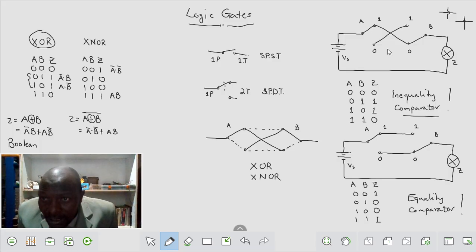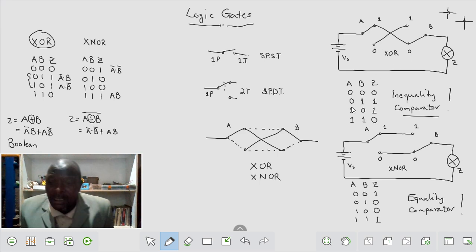But this one here is an equal, so this is our exclusive NOR. You make it equal, this is the equality comparator. Not equal, this is the inequality comparator. So these were the two remaining gates.